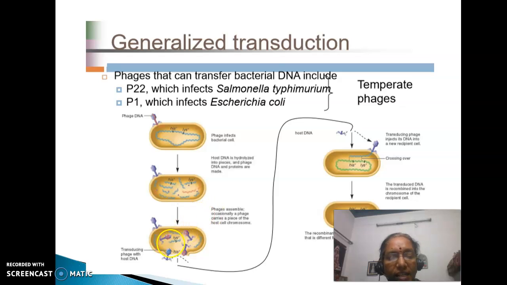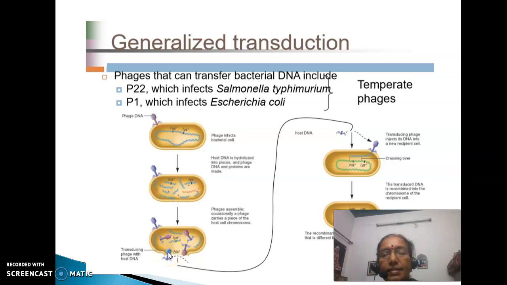Here in this diagram we can see that the his marker is being carried by one of the phage particles. I call this phage particle a transductant. So randomly some genes are picked up. For our understanding we are considering that the his marker is picked up by this particle.